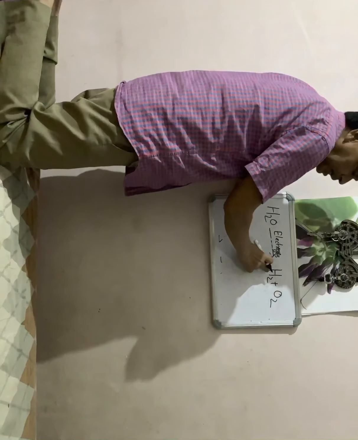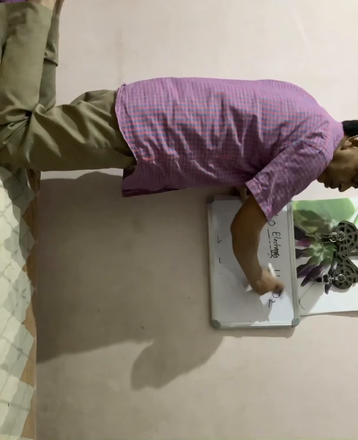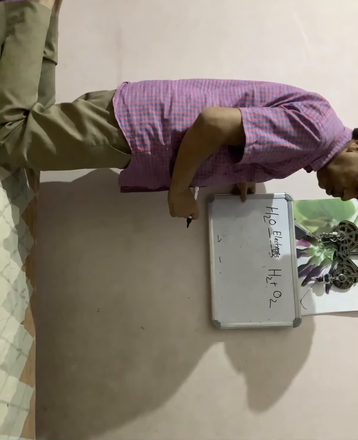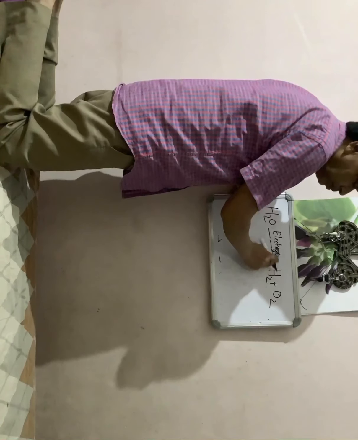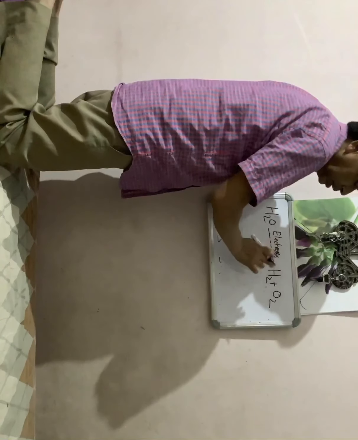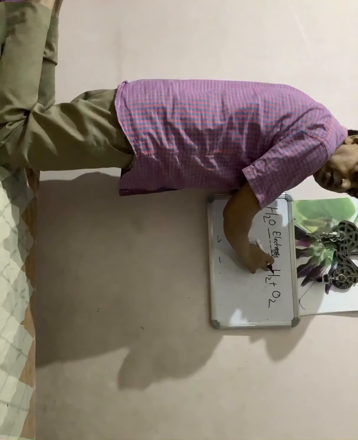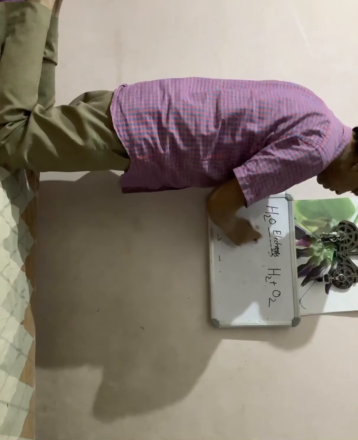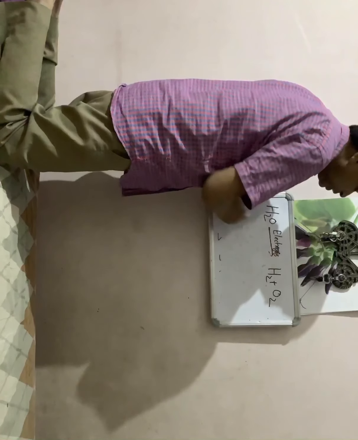H2 is obtained at the cathode and O2 is obtained at the anode. In amount, hydrogen is released double of the oxygen. This is called electrolytic decomposition reaction.